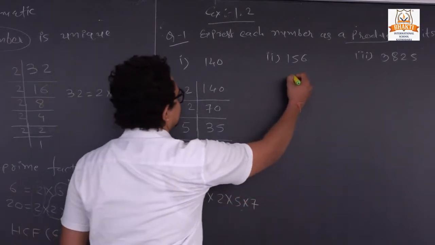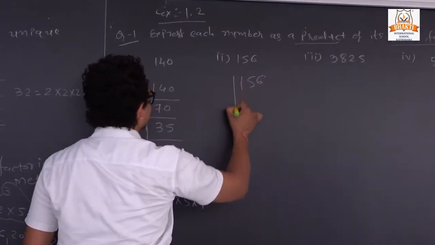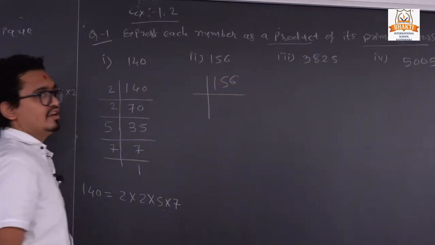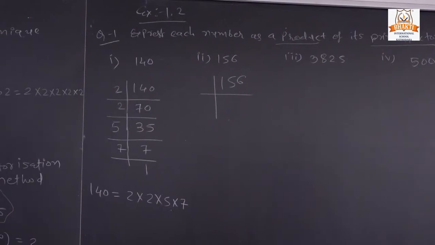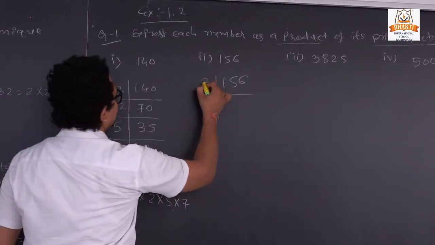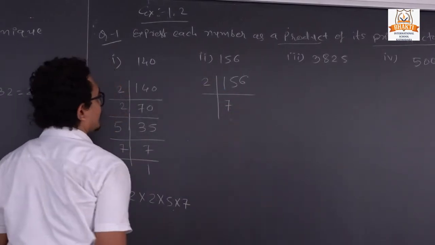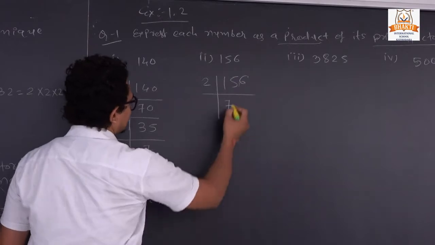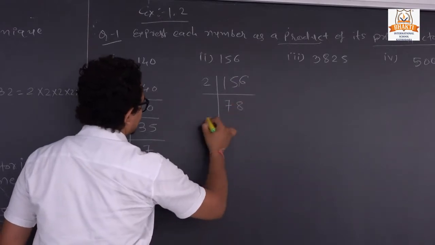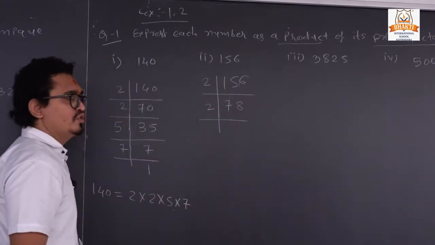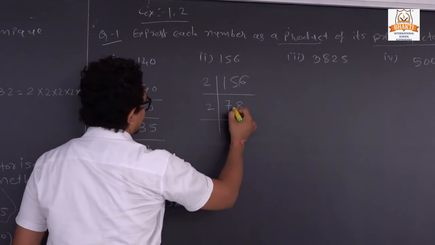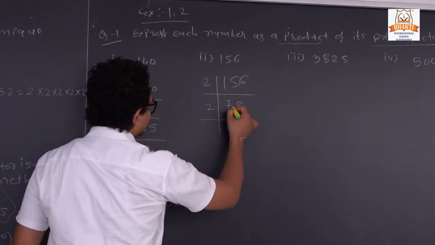Now the second one is similar. Once again it will be divisible by 2 because the last digit is even. So we can start with 2. So 2 7s are 14. So here we have a 1. 2 8s are 16. Once again it will be divisible by 2. So 2 3s are 6. And here we have a 9.